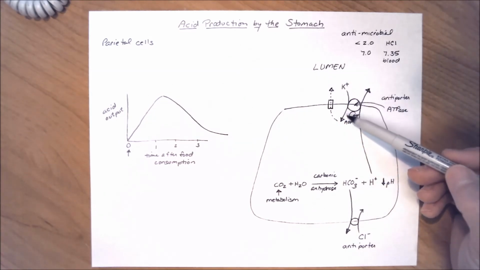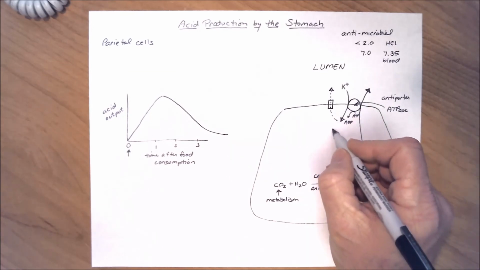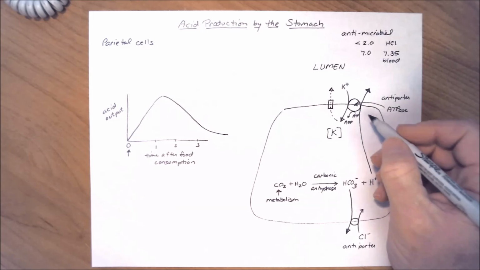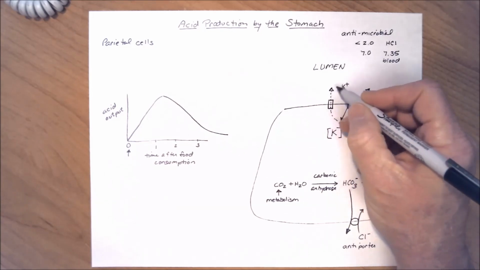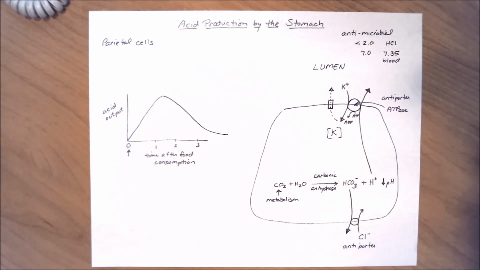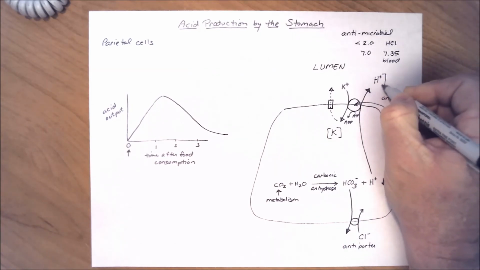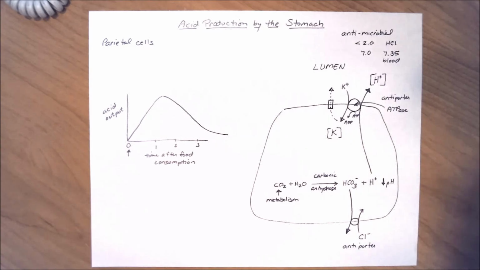As potassium concentration gets higher inside the cytosol, that will drive the export of potassium through this single pass transporter.